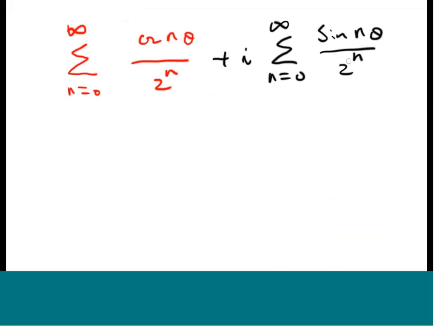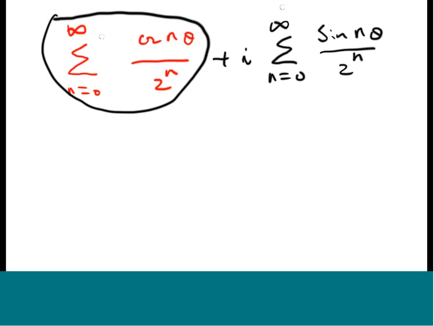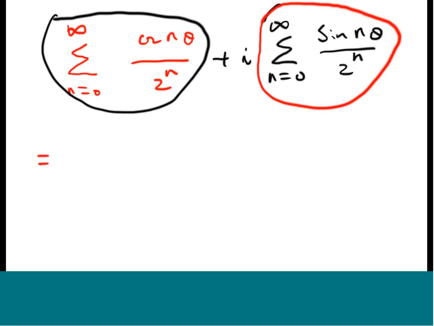So that one is the real part, and this one is the imaginary part. So that equals the sum from n equals 0 to infinity of 1 over 2 to the n times cosine n theta plus i sine n theta.